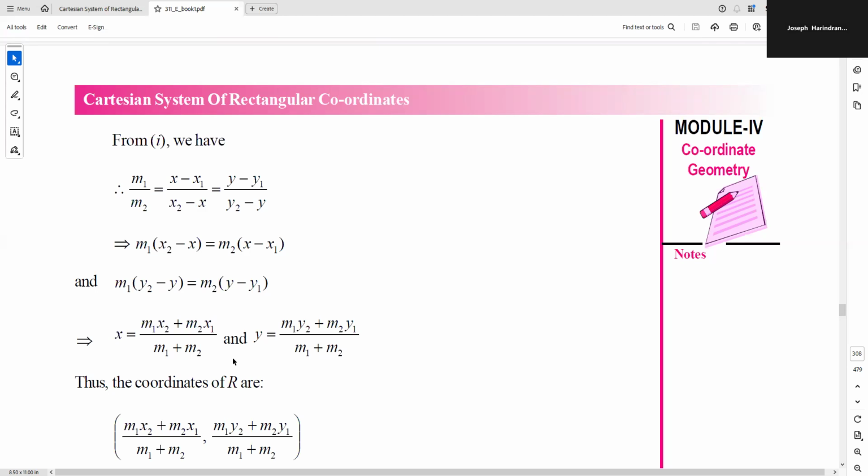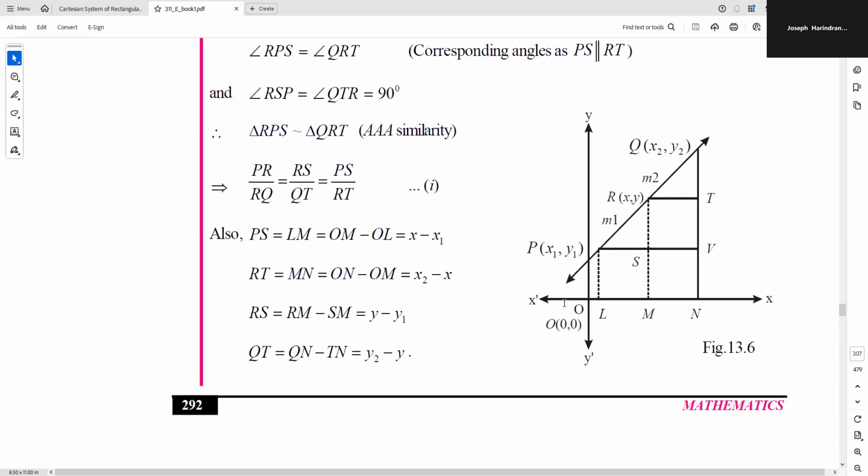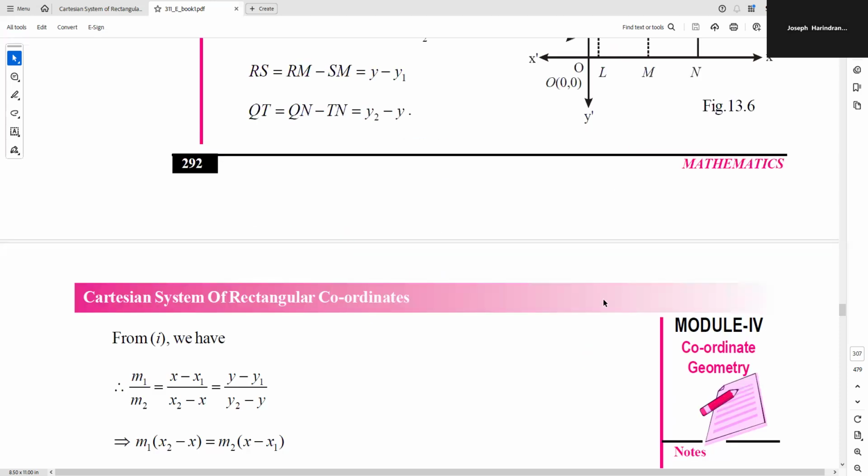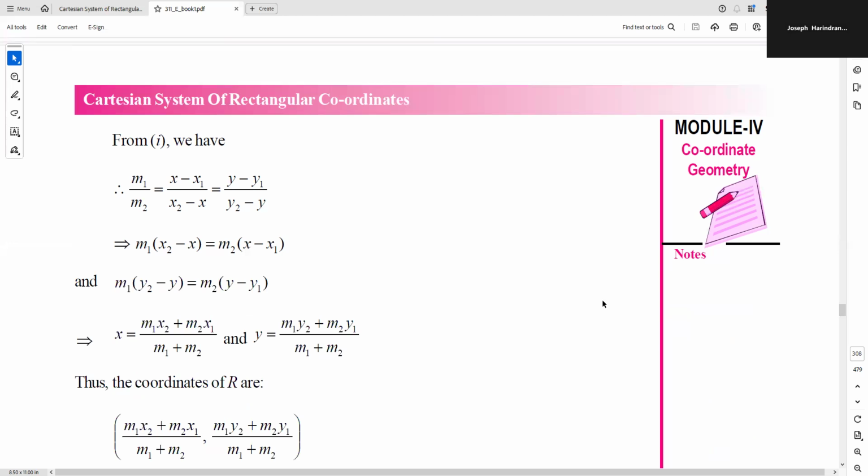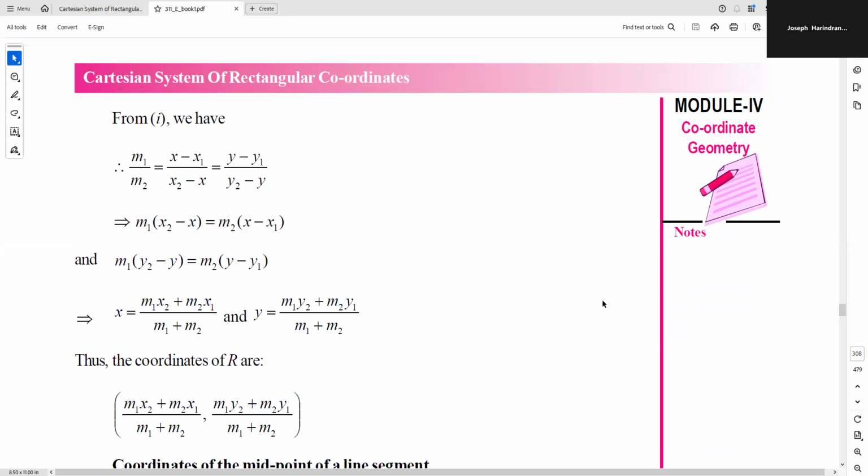We write this way. If you take the coordinates of P to be x1, y1, and the coordinates of the point Q as x2, y2, then we can say that x, the x coordinate of R, is equal to (m1 x2 plus m2 x1) whole divided by (m1 plus m2).